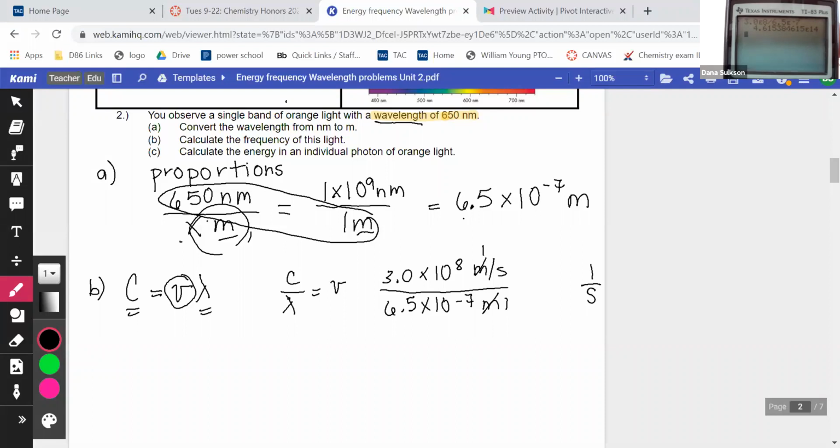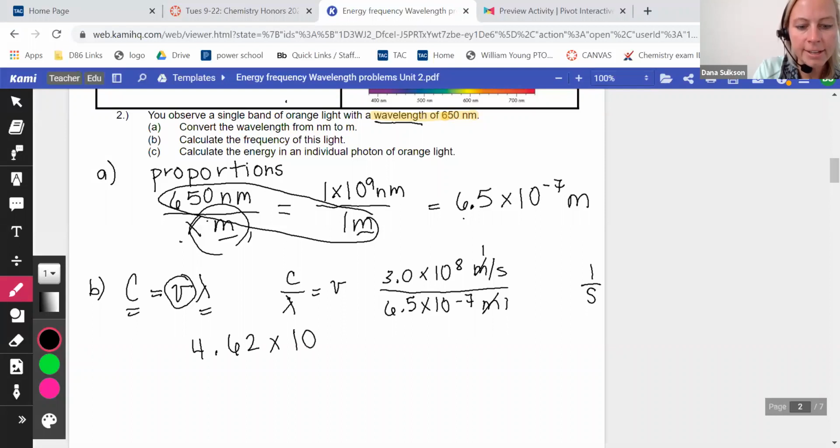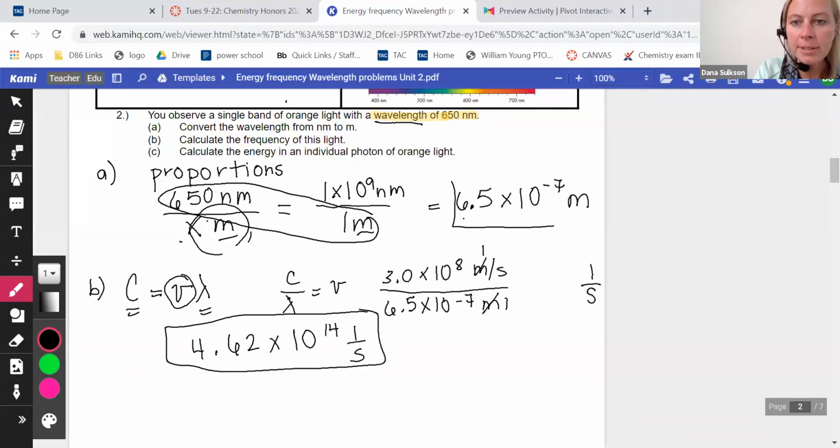I also want you to get in the habit of not giving me computer talk, but actually placing times 10 in lieu of the E. So the answer then would be 4.62 times 10 to the 14th 1 over s. I'm going to box my answer in, and I'm going to get in the habit of always boxing my answer in, so there's no confusion.